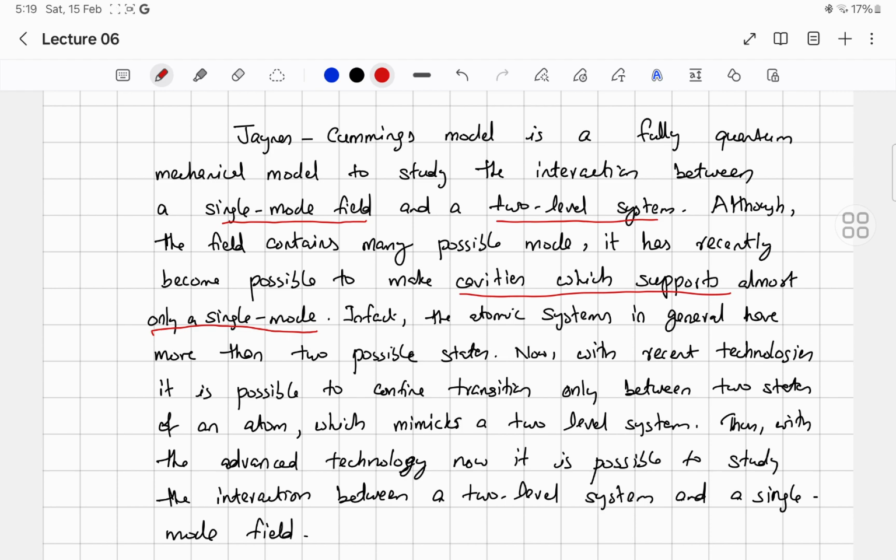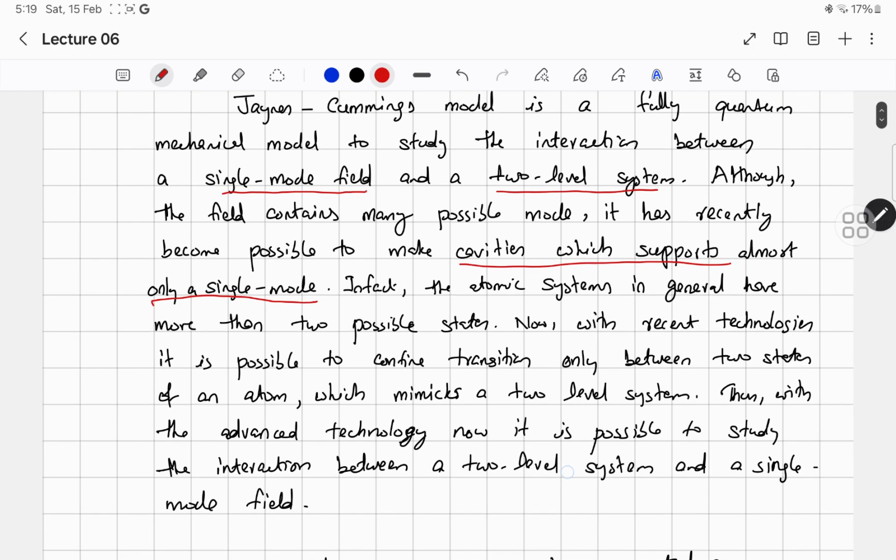If you can restrict the transition between only two possible levels, then that system acts as a two-level system. In fact, the atomic system in general has more than two possible states, but with recent technology it is possible to confine the transition only between two states of an atom. Such systems we call two-level systems.